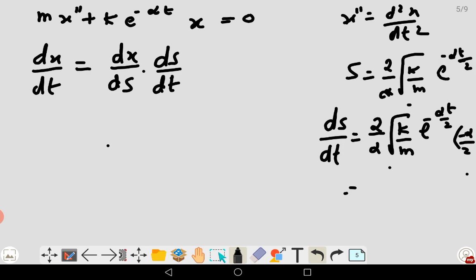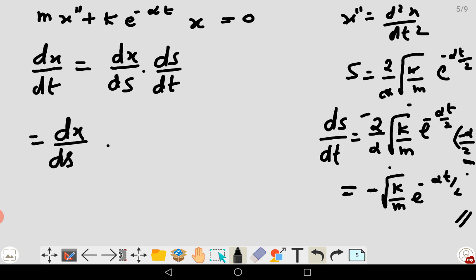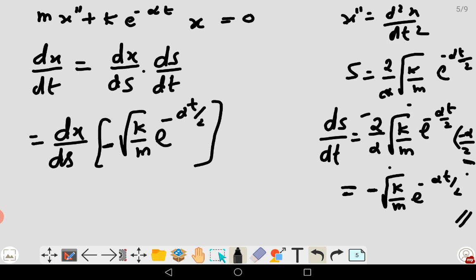So this 2 can be cancelled, this 2 alpha can be cancelled. So when you differentiate, you get ds over dt as negative square root of k over m e raised to minus alpha t over 2. So we will write dx by dt as dx over ds into negative square root of k over m into e raised to minus alpha t over 2.